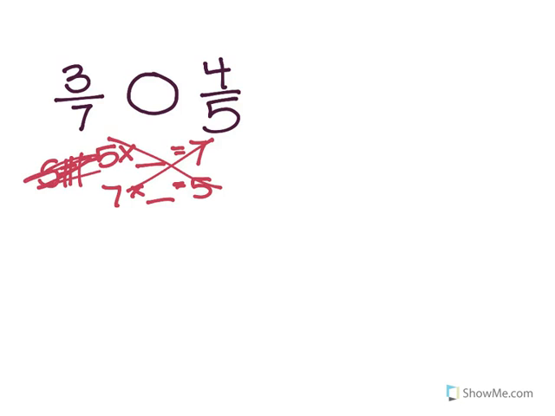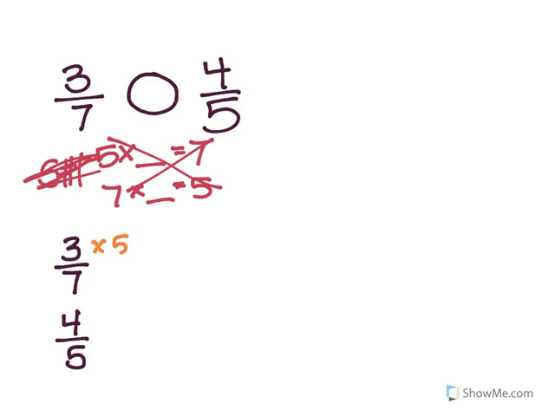We can't do it. So I have to do strategy number 2, where I multiply this denominator, 7. I'm going to multiply 4/5 by 7, and 3/7 by 5. So what that looks like is I take 3/7 and 4/5. I'm going to multiply 3/7 by this denominator.